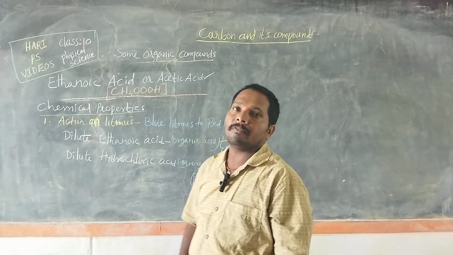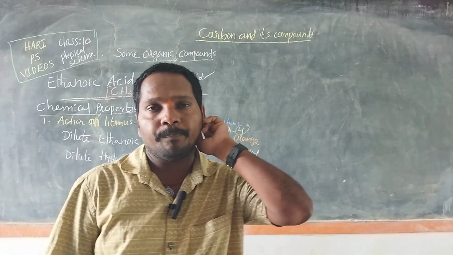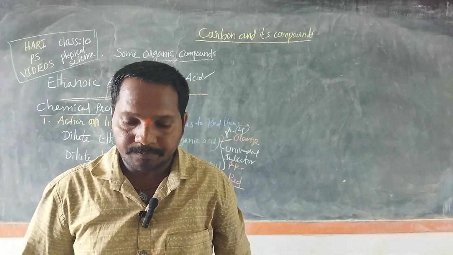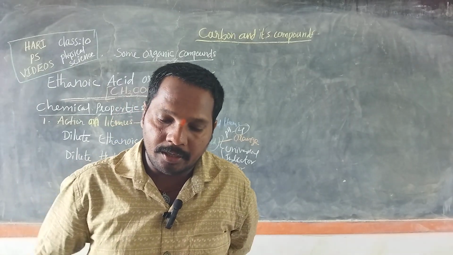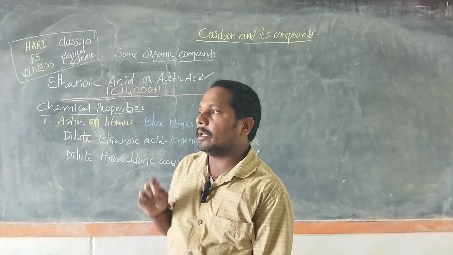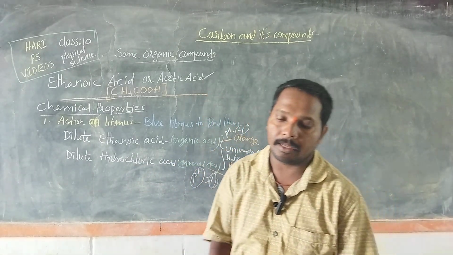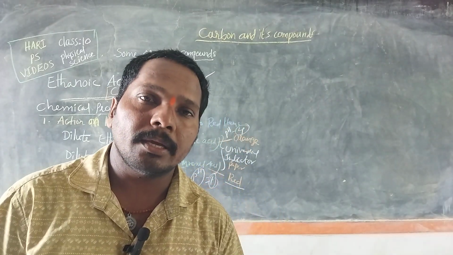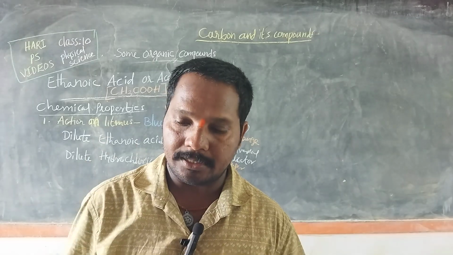Ethanoic acid is a weak acid because on dilution it is partially ionized, meaning it gives a very small number of hydrogen ions. So organic acids are weak acids.